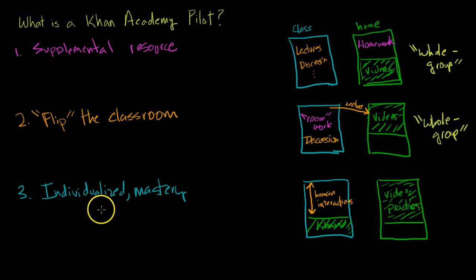So the core of this model, and the real essence of it in our view, is that individualization. That is really the guiding principle here. And the whole notion with this model is that on September 15th, you really don't know exactly beforehand what you're going to teach.